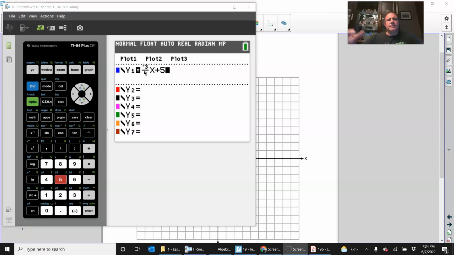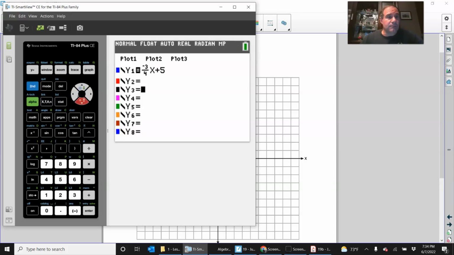The next question asks you to graph inequalities. So I put the negative 3 over 4x plus 5, which is the first inequality, into the equation of the inequality, into my y1.